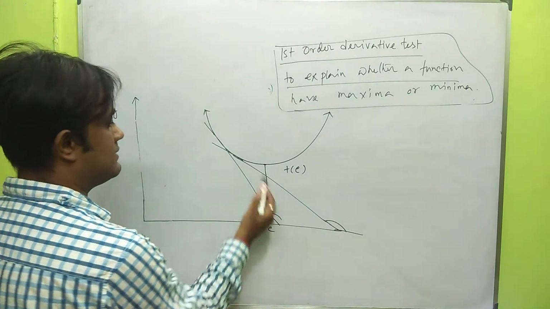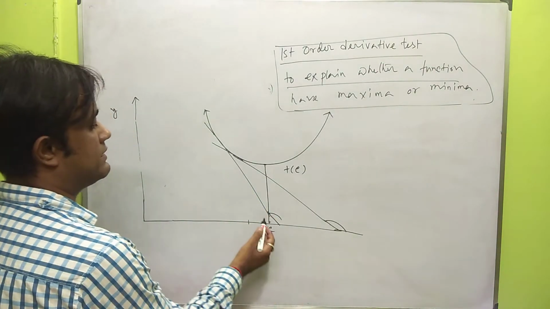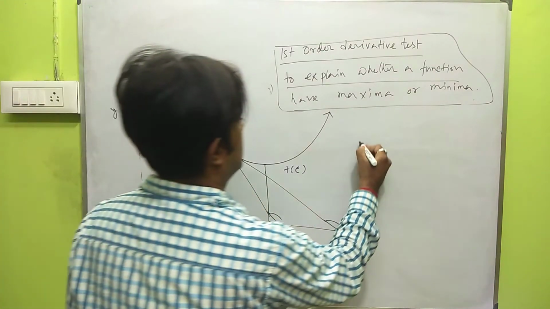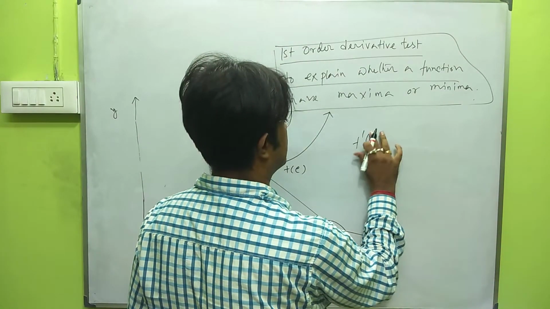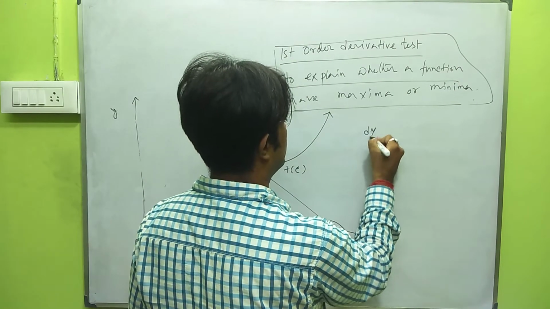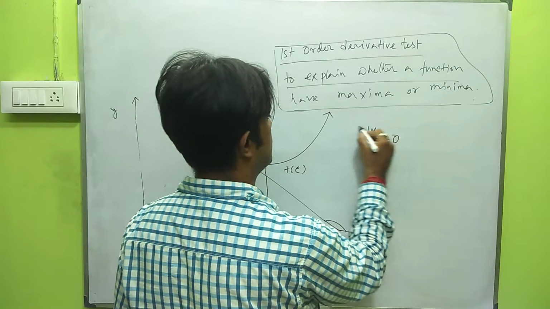So in this portion dy by dx is less than 0.